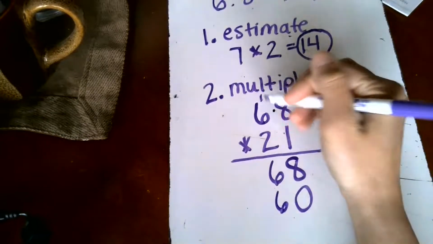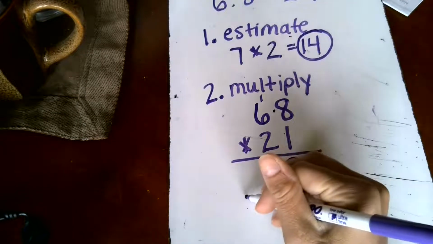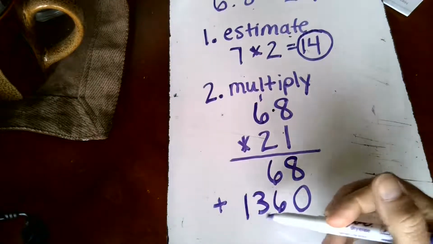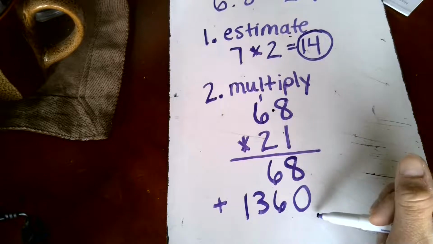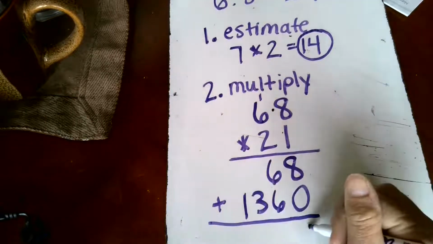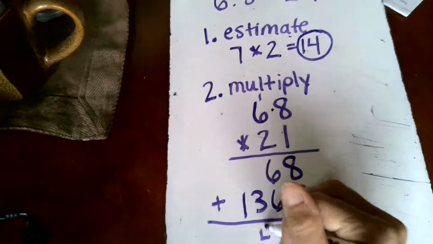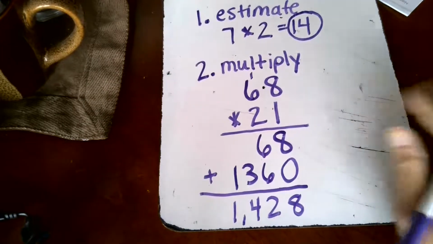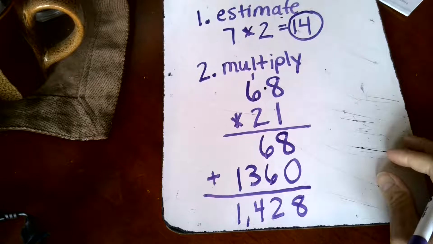I'm going to carry the 1. 2 times 6 is 12, plus 1 is 13. So your second row should be 1,360. And then when I add them, you get 1,428.